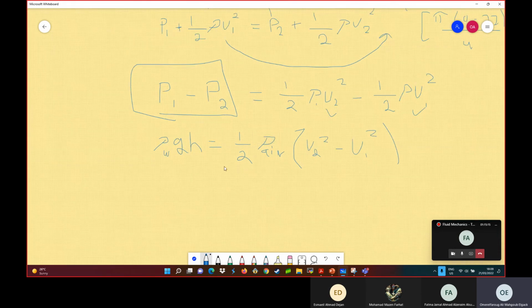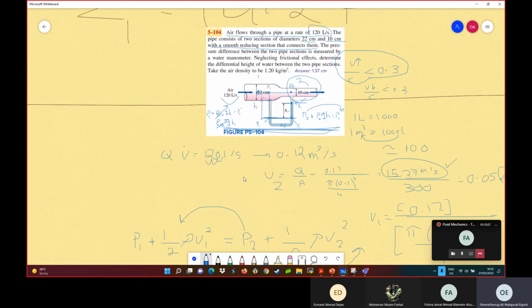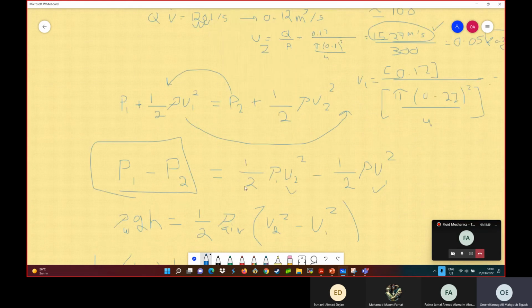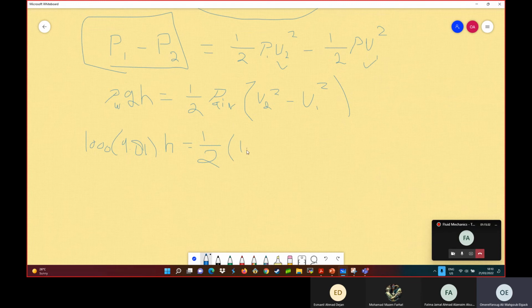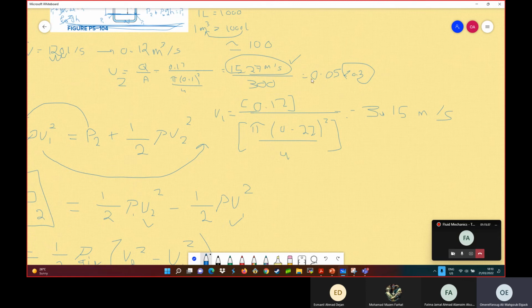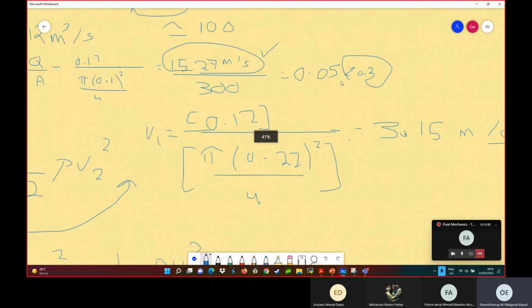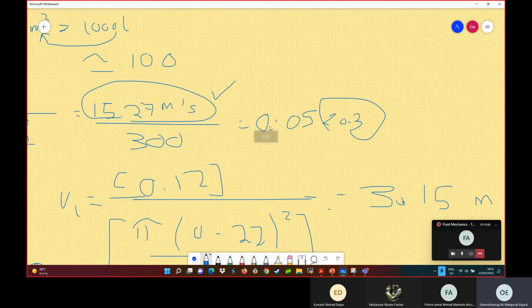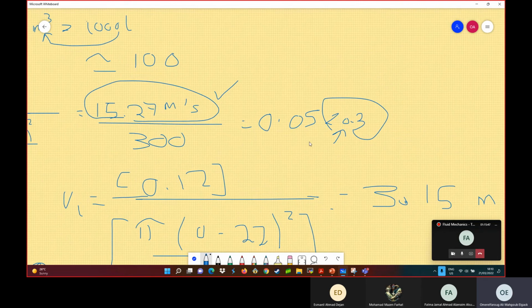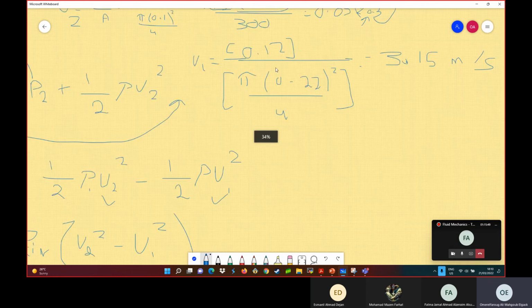Substitute both. Rho of water is 1000, g is 9.81, h is unknown, equal to half times the density of air given in the question, 1.2, times V2 squared minus V1 squared.